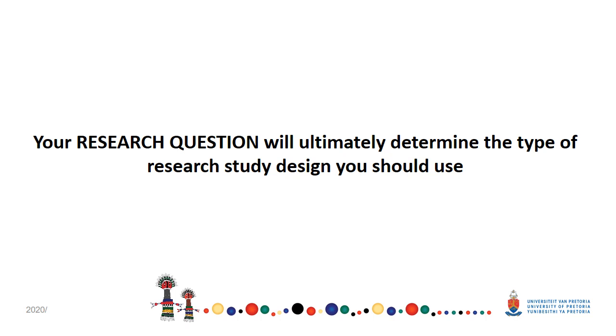Therefore, it is very important that your research question will ultimately determine the type of research study design that you use. So please, when you are looking at your own research questions, just think for yourself, how will I be able to answer this question? And later on, you will learn how to choose a different study design that will match up to your question.